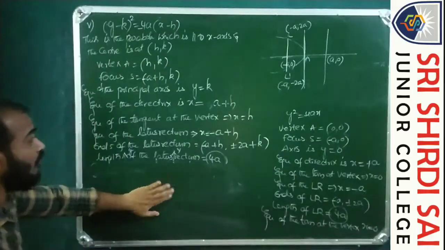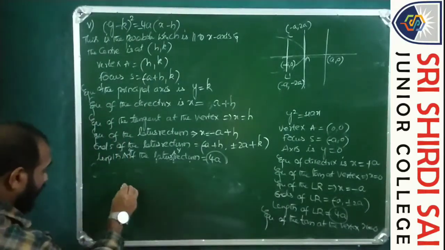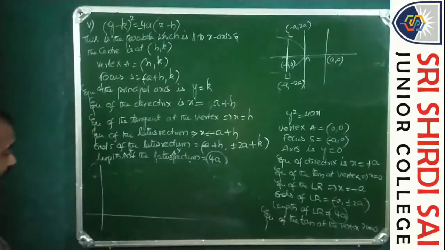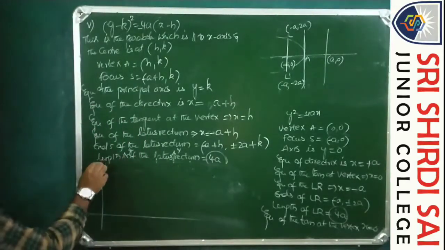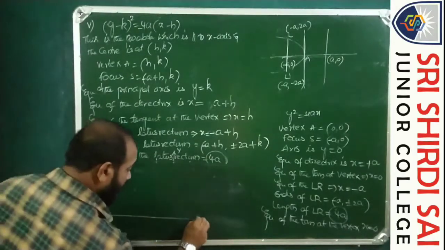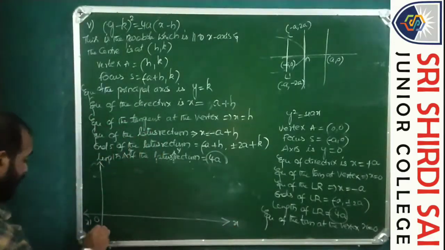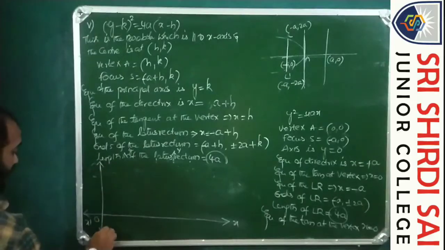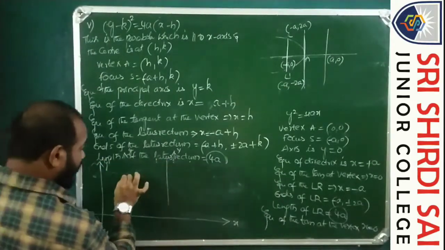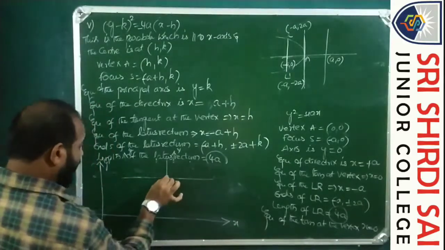For this, actually, what is the diagram? Now I will show the diagram. So actually this is our axis. This is our original axis. Origin, negative x-axis, positive x-axis. So this is y dash y. So this is our parabola.